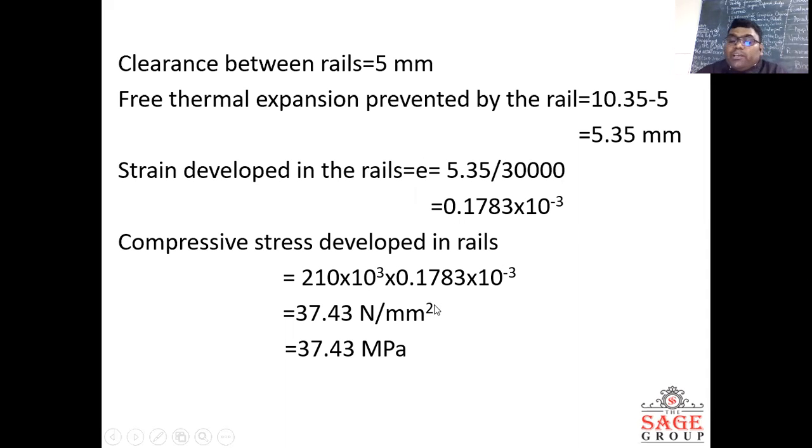Newton per mm squared you can write directly as megapascal, because if you convert Newton per mm squared into Newton per meter squared, 10 to the power 6 comes in. That 10 to the power 6 is called mega, and Newton per meter squared is called Pascal. That's why we have written megapascal directly. So the compressive stress developed in the rail is this.